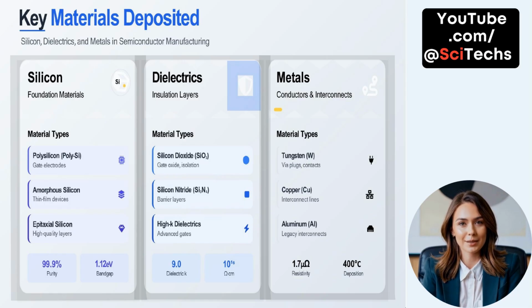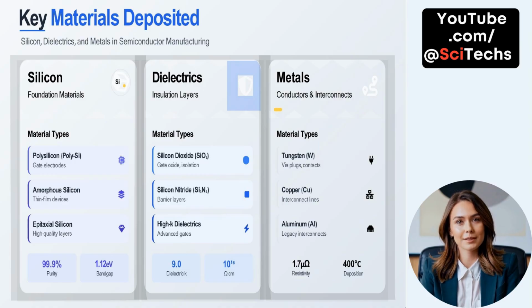Commonly deposited types include polysilicon, used for gate electrodes in transistors; amorphous silicon, ideal for thin film applications like displays; and epitaxial silicon, which creates high-purity, defect-free layers for advanced logic and NAND devices. These silicon materials typically exhibit 99.9% purity and a band gap of 1.12 electron volts.